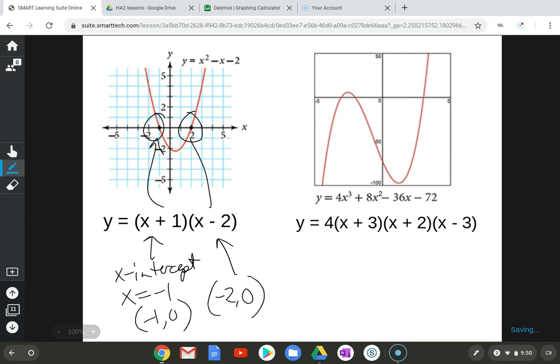Those roots or x-intercepts generate the factors, but it feels like you're changing the sign. So (-1, 0) goes to x plus 1, (2, 0) goes to x minus 2. And then here's something similar with the 3 factors for the cubic. And then, of course, this number just comes down.